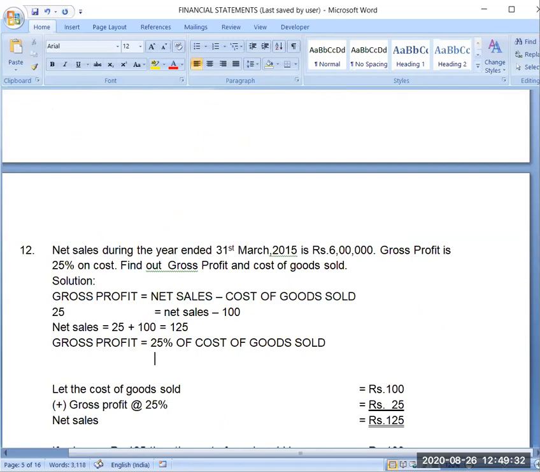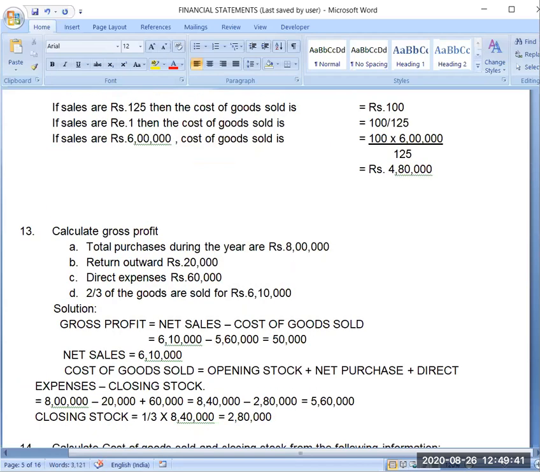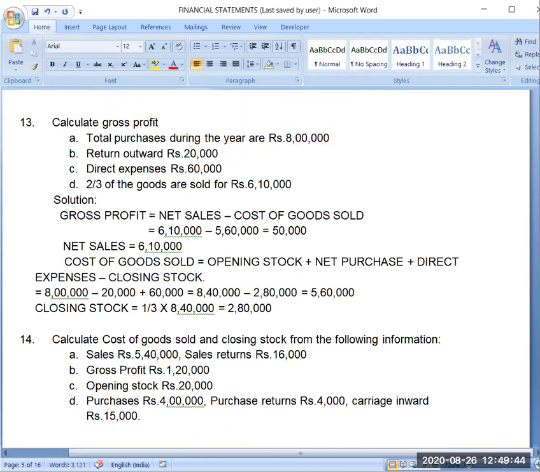is equal to 25 upon 100. Sorry, I should write it again in this manner. Multiplied by cost, which is how much? 4,80,000.